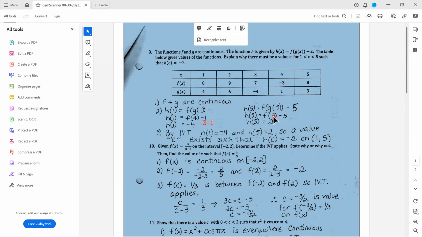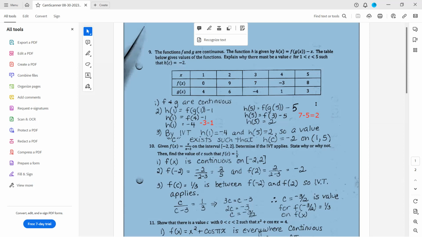F swallows 3, so F of 3 is 7. So this becomes 7 minus 5 is equal to 2, right? That's where she got that from.